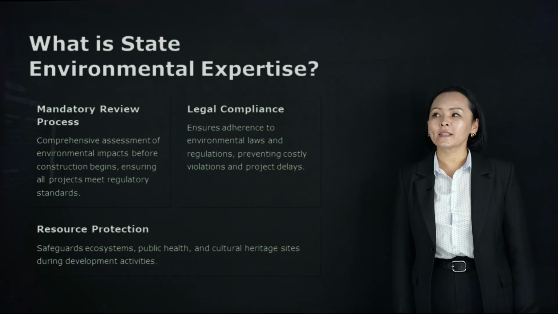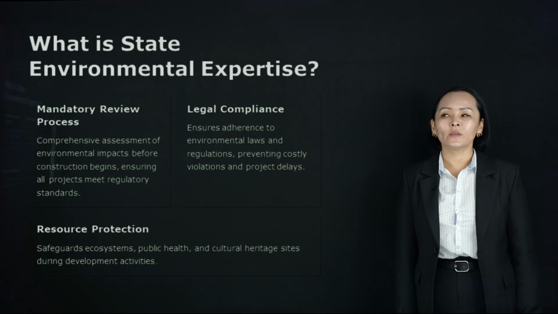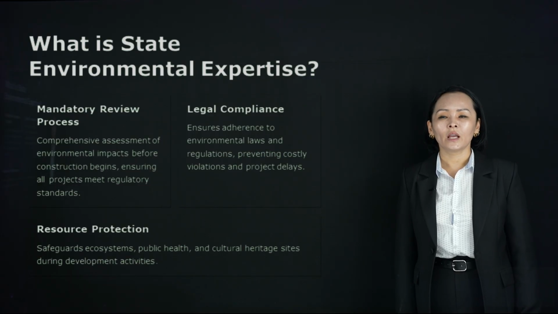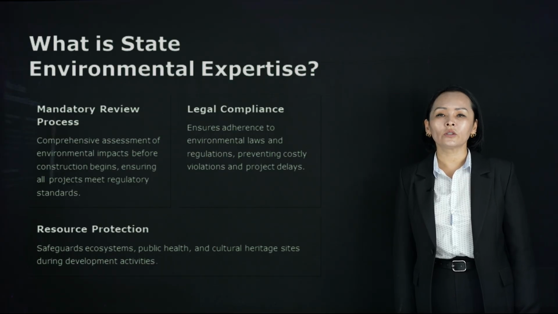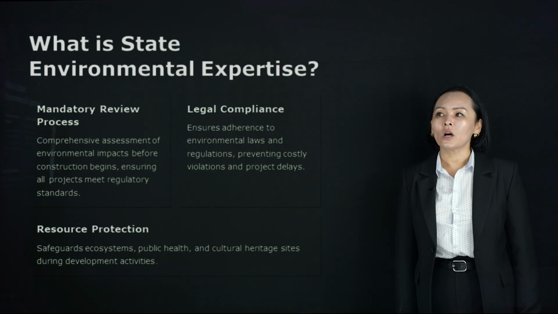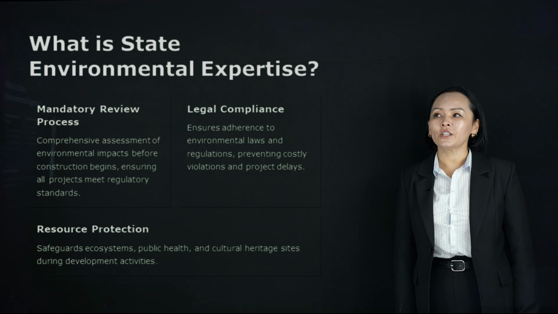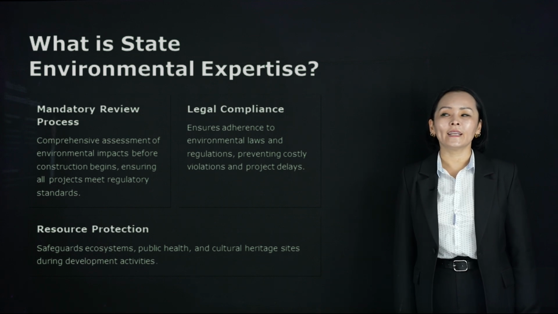The mandatory review process is a comprehensive assessment of environmental impacts before construction begins, ensuring that projects meet regulatory standards. And next, what is legal compliance? Legal compliance ensures adherence to environmental law and regulations, preventing costly violations and project delays.